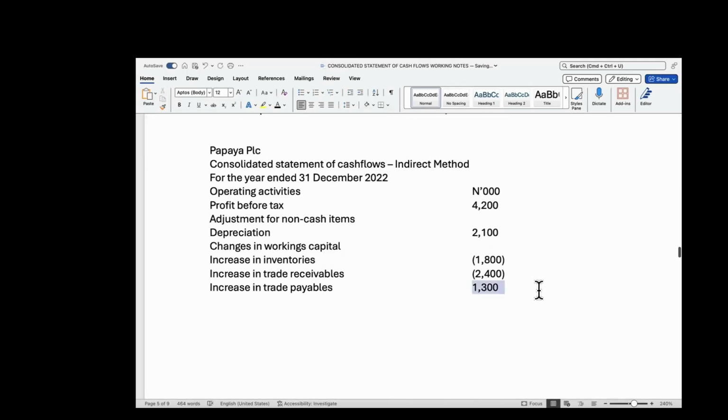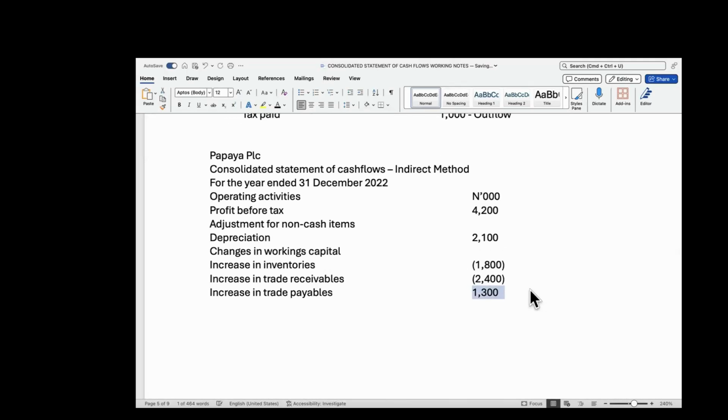Can you cumulate this for me, please? What does it give us? Inflow of 3,400.